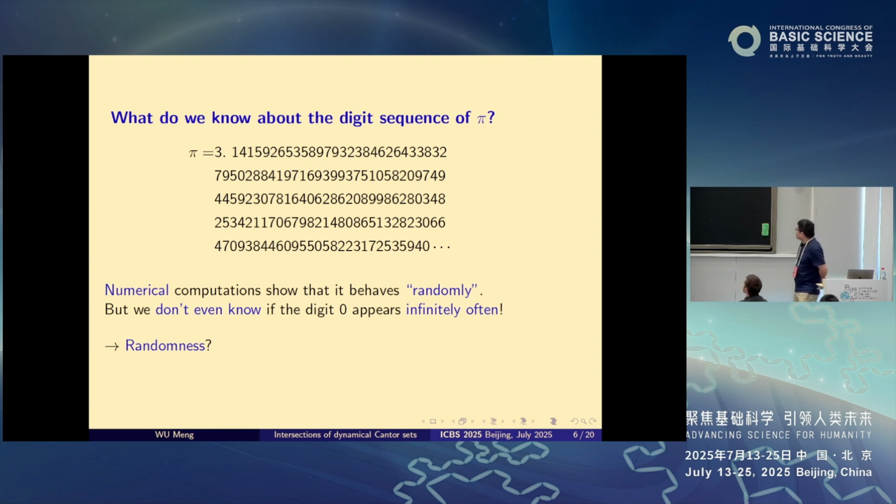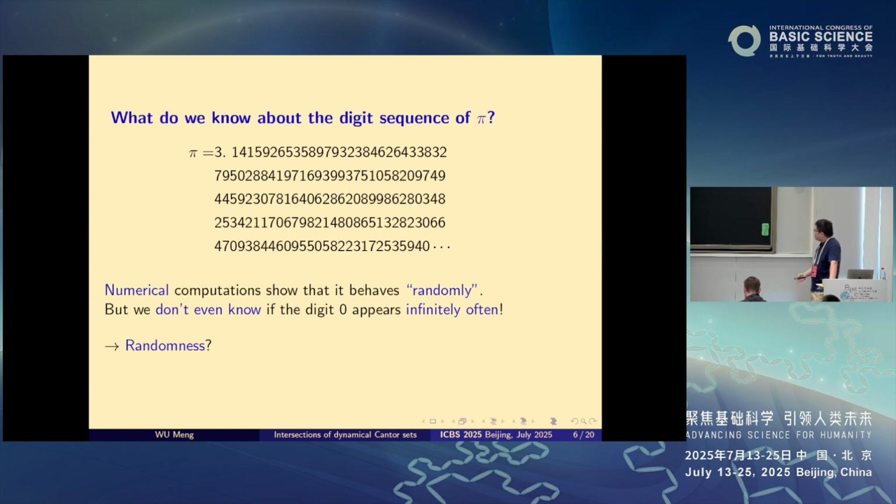Here it's, I think, 200 decimals. Numerical computation shows that the digit sequence of pi behaves very randomly. But theoretically, trying to prove that it is random is really hard.